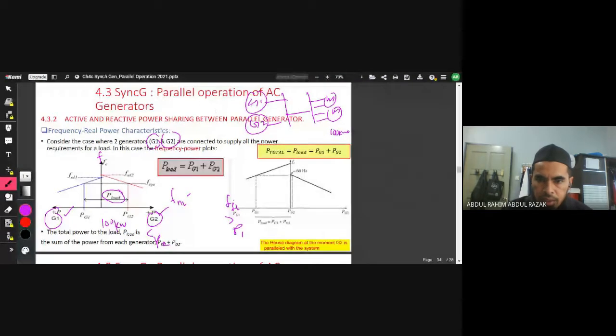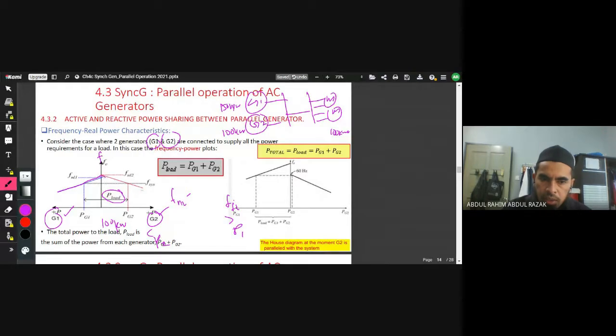It might be that G1 is rated at 150 kilowatt, and G2 at 100 kilowatt. So the house diagram might be like this, in terms of frequency versus power.